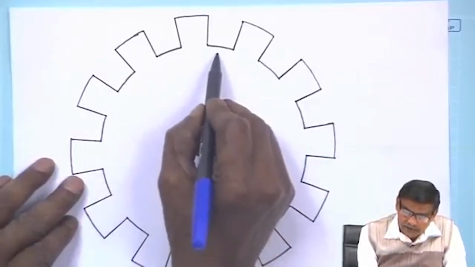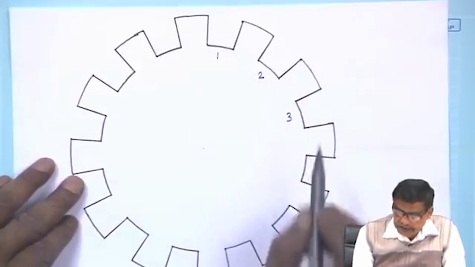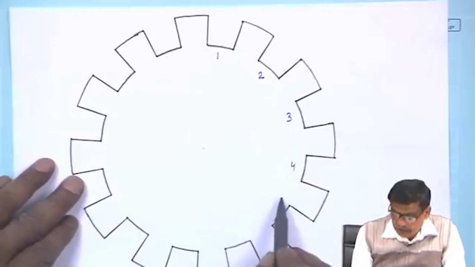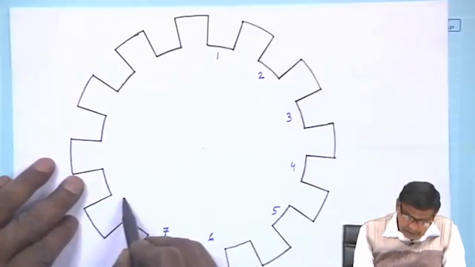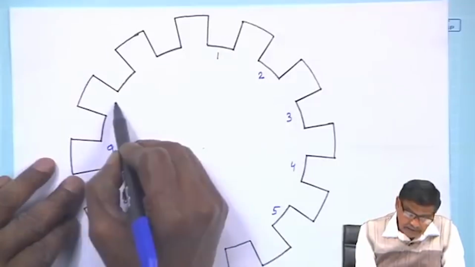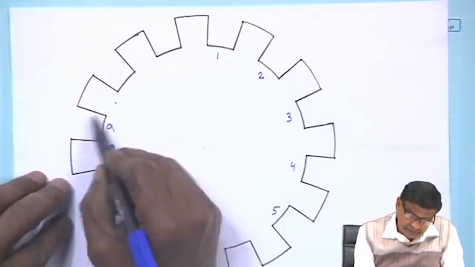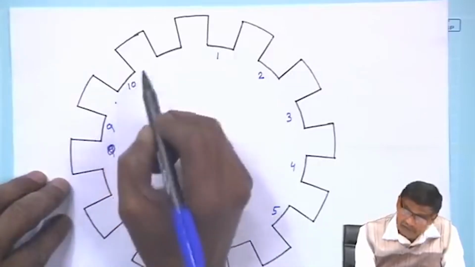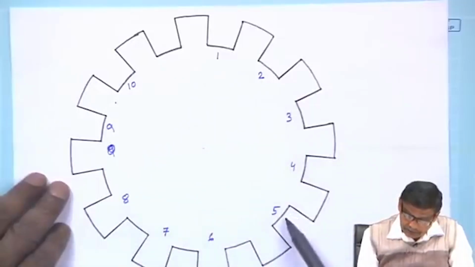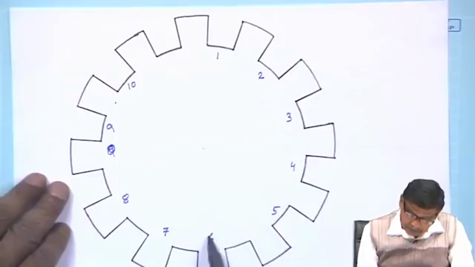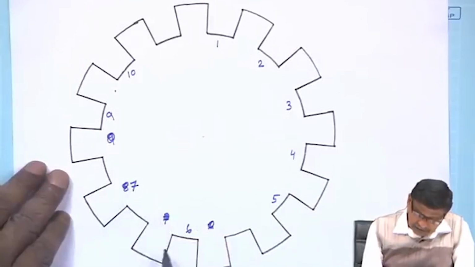So, let us start from this, say 1, 2, this is 3, 4, 5, 6, 7, 8, 9, no, this is not 9, this is 9, the slot where the conductors will be placed, 10. So, 1, 2, 3, 4, 5, this should be 6, this should be 7, you clearly write.